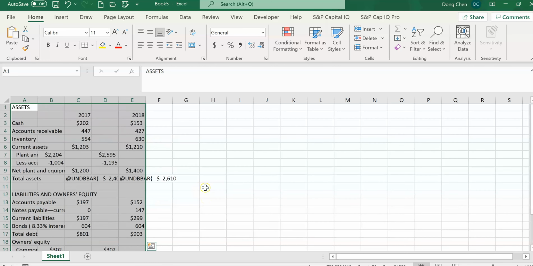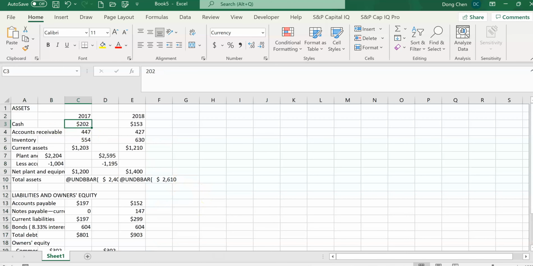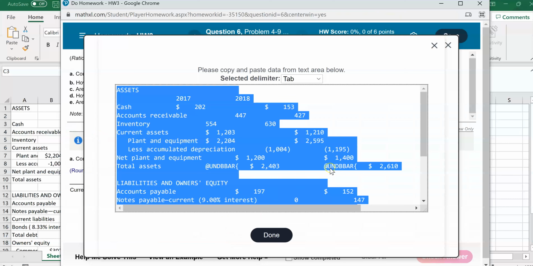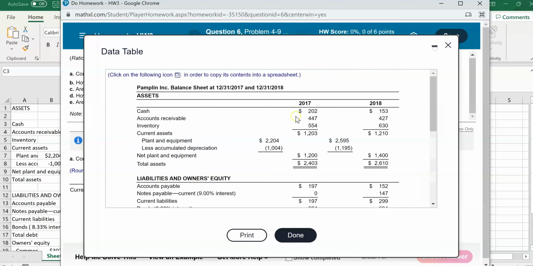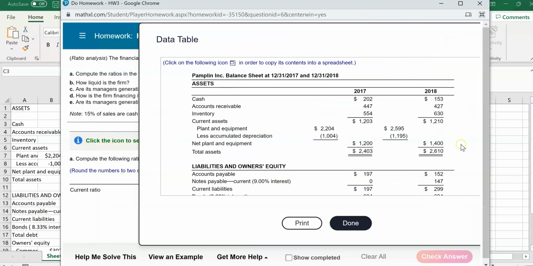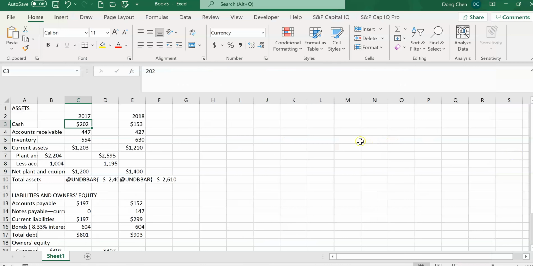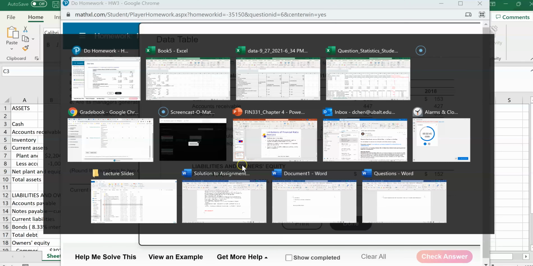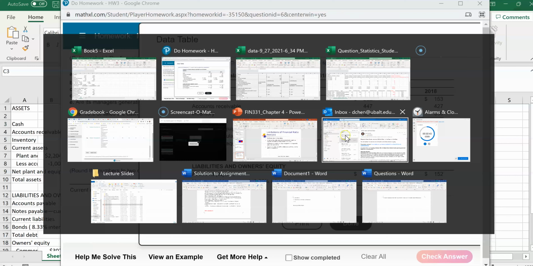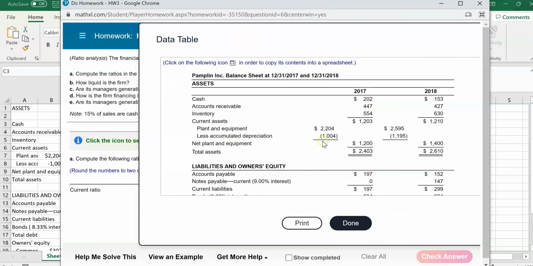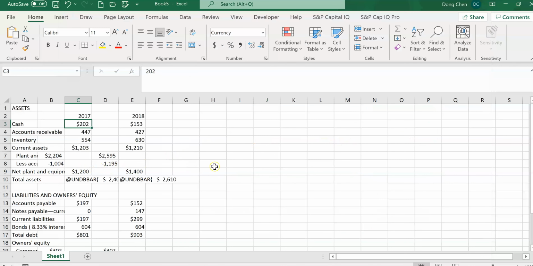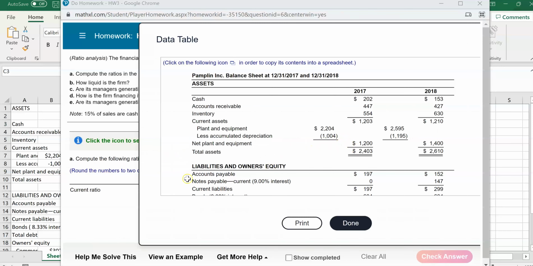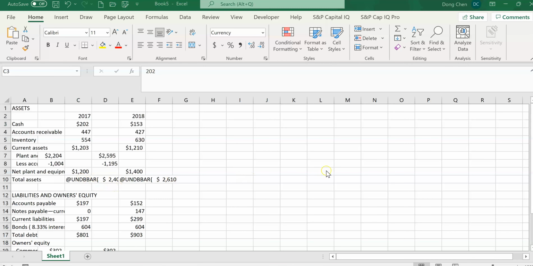At least, so let me compare this with the original number, see whether it matches. Okay, so 202, cash, accounts receivable 447, and current assets 1203, and plant and equipment, good, and depreciation, and then net plant and equipment, and total assets.